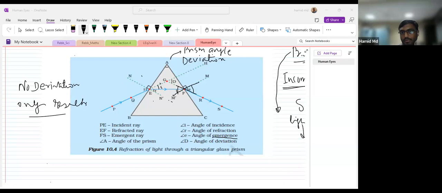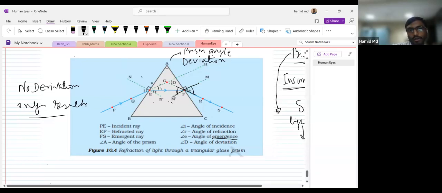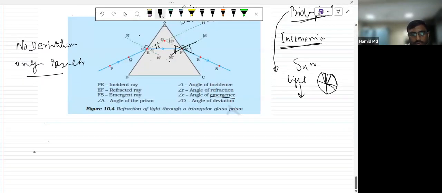I'm coming to that screen. So what we are left with, we are going to detail a little bit. Before that, I'm going to paste one more image.